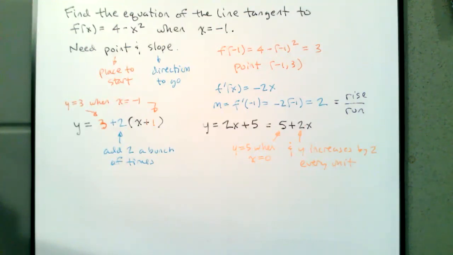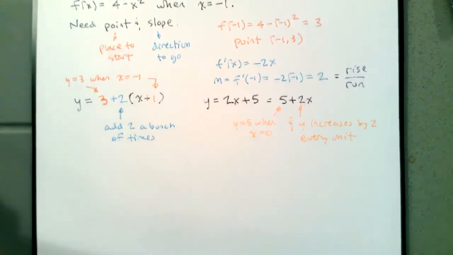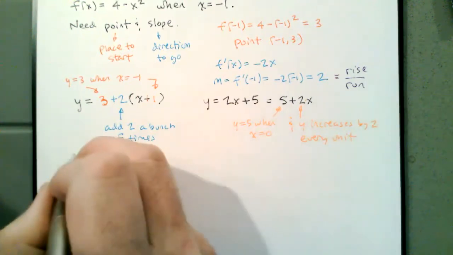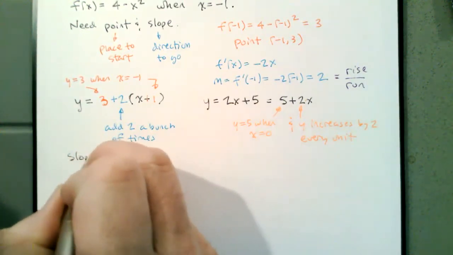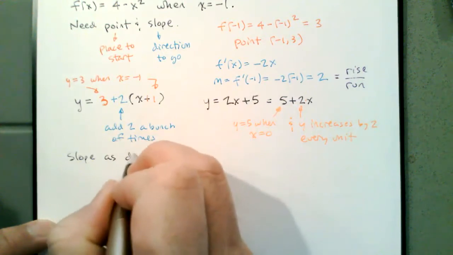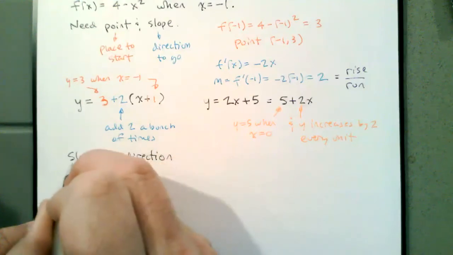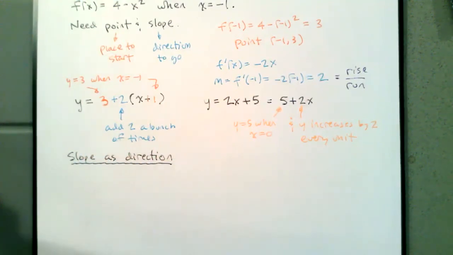So let's think about the slope as a direction. The slope contains two components, the rise and the run, the change in y over the change in x.